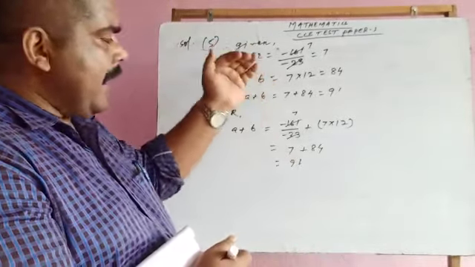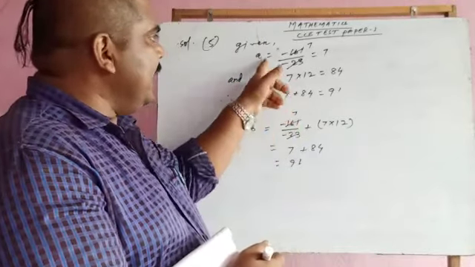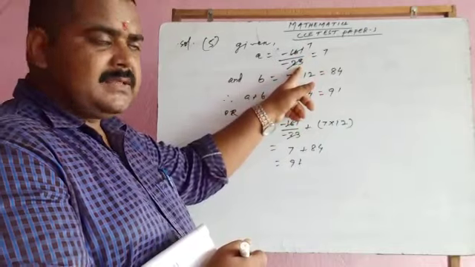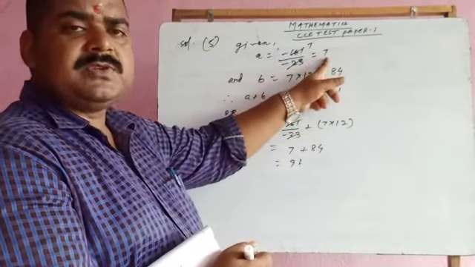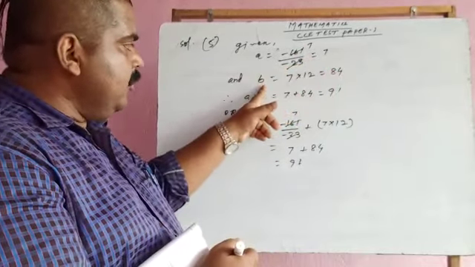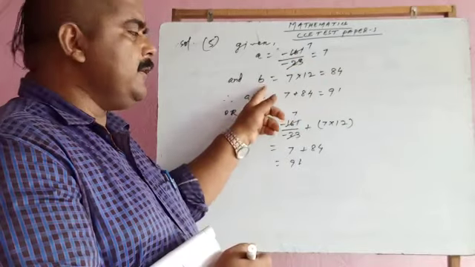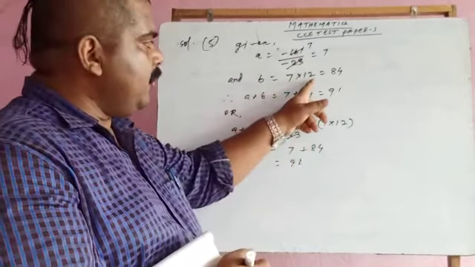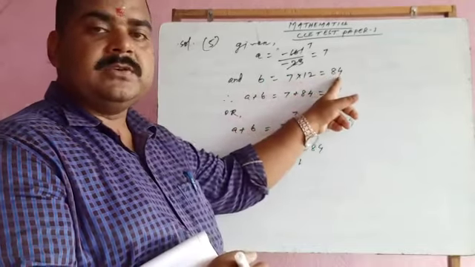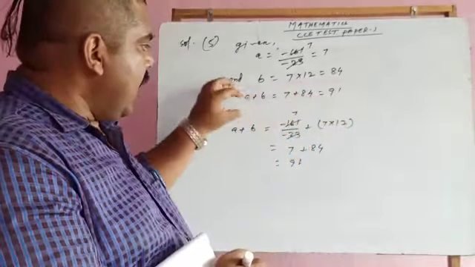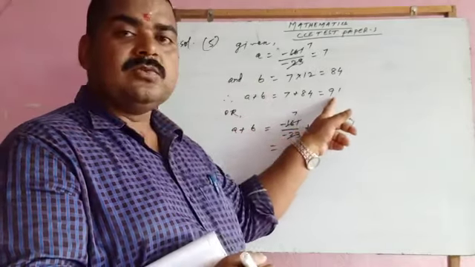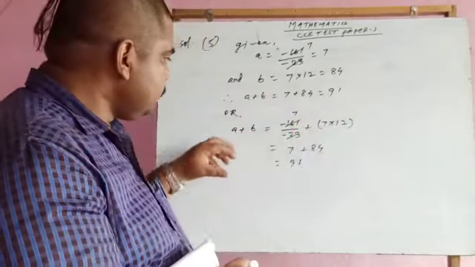You have to find A and B separately. A is equal to minus 161 by minus 23, which is equal to 7. Then B you obtain by multiplying 7 and 12, which is equal to 84. When you add A and B, the result is 91.